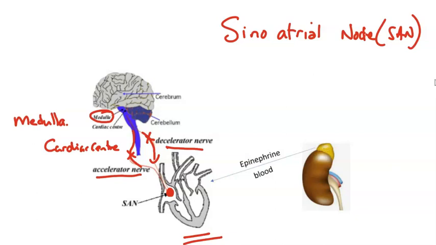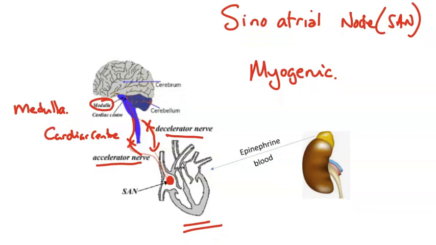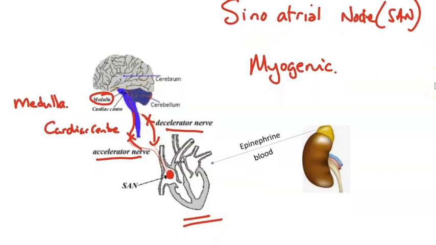This is a phenomenon called myogenic rhythm. So the heart can still beat even though it is not connected to the brain. As a side note, at the end we will also discuss the influence of hormones on heart rate just briefly.